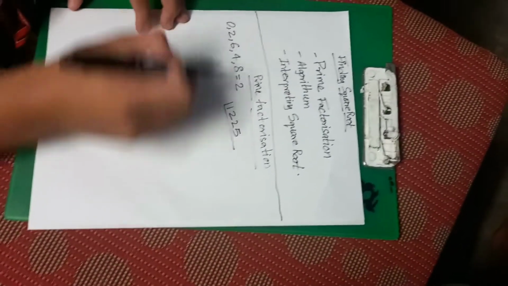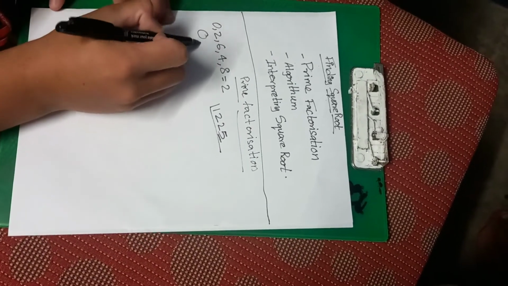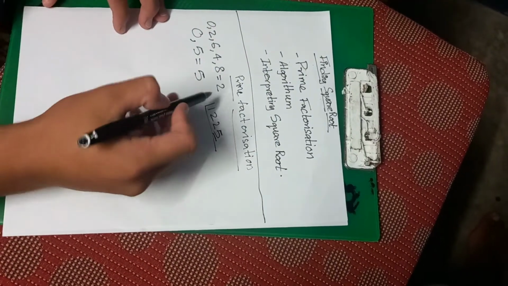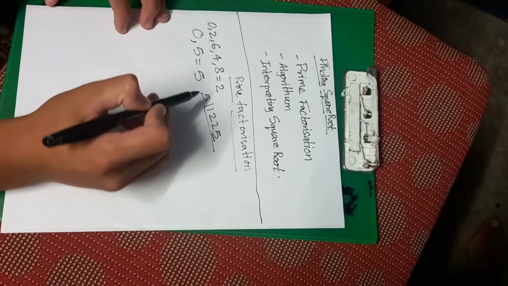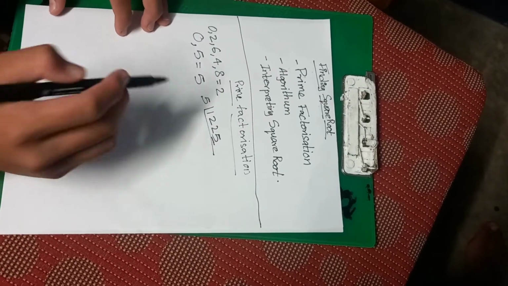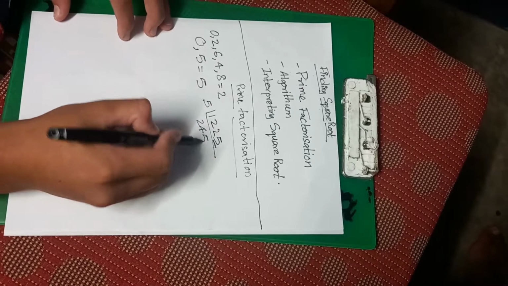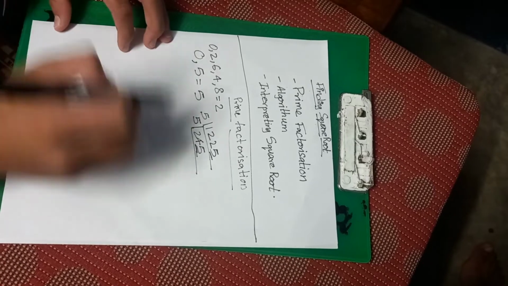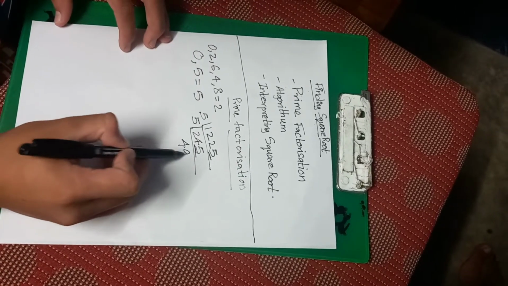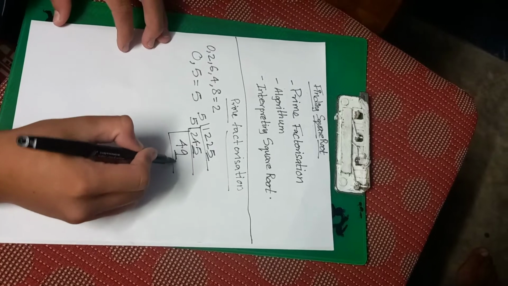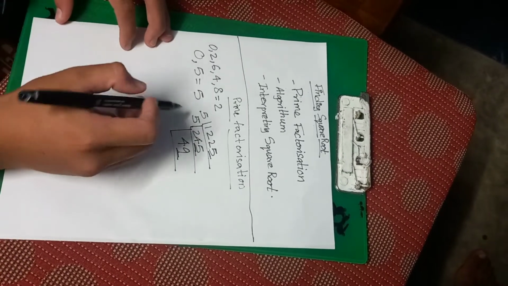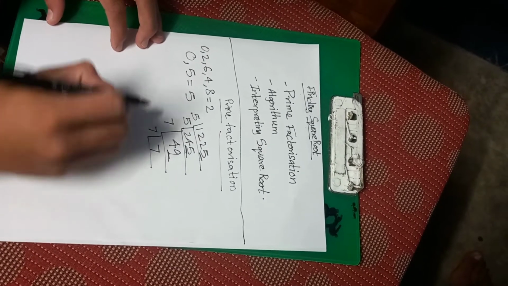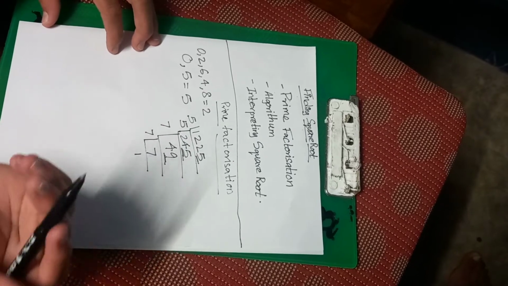If the last unit digit is 0 or 5, you directly divide by 5. Here the unit digit is 5, so we divide by 5. 1225 divided by 5 gives 245. Here the unit digit is again 5, so divide by 5, which gives 49. The unit digit of 49 is 9, so it is only divisible by 7. We get 7, and 7 divided by 7 is 1, finished.